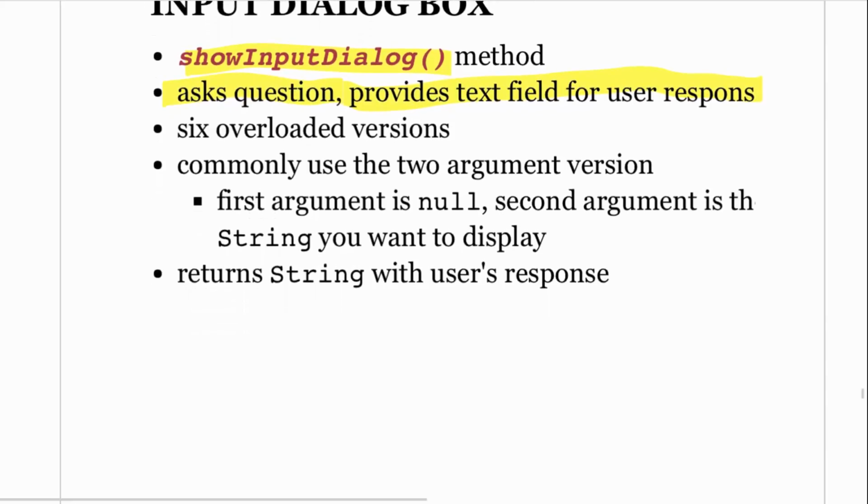And in the same way, it has 2 arguments as the show message dialog version of the method. So again, the first argument is null, and the second argument is the string you want to display. So it's the exact same thing as the show message dialog. So within the parentheses, you're going to have the word null, comma, and then you start your string, whatever you want to ask the user.